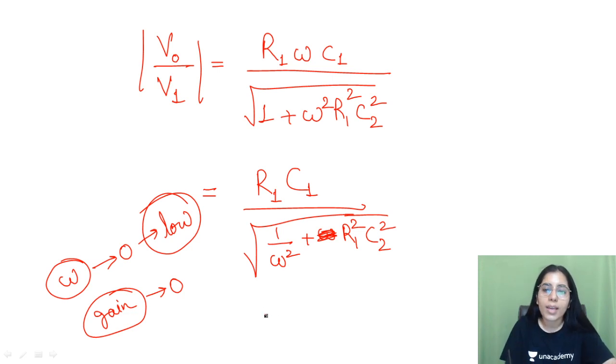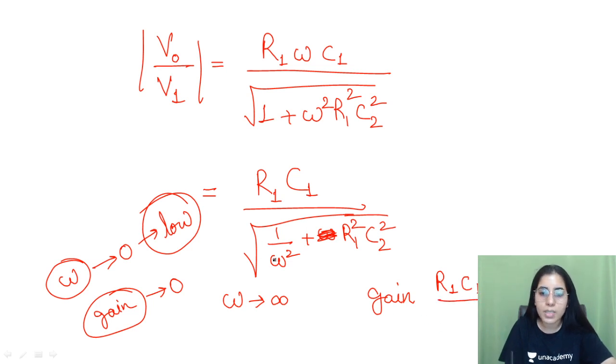Now if I talk about omega which is going to have infinite value, at that point of time, what will you have? You will get the gain equal to R1 C1 upon, 1 upon infinity will be 0, R1 C2.